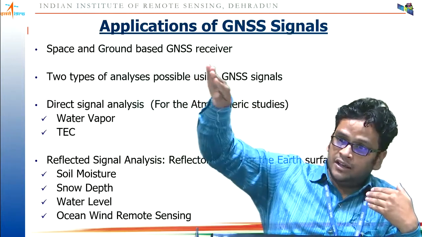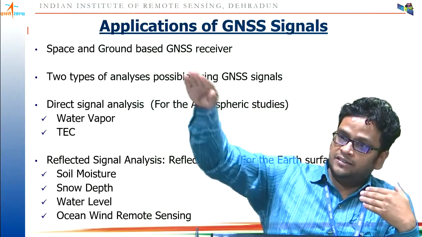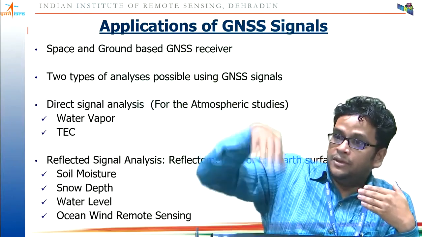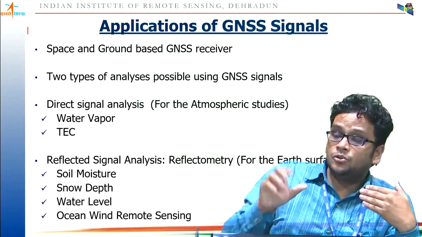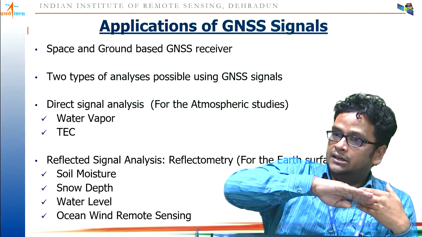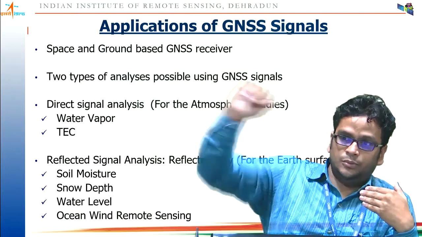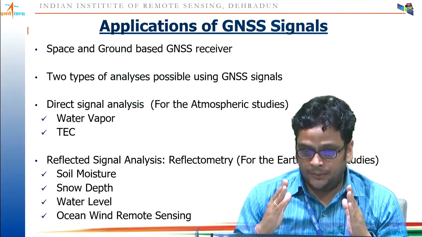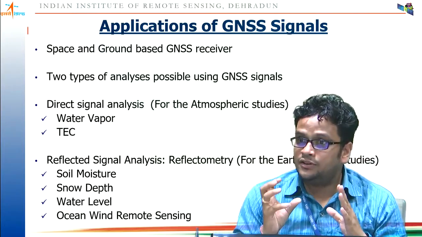Because of this delay, instead of the geometric distance, it becomes a curve. Because that delay is happening. So if you are able to remove these delays, then the geometric distance will be a straight line.